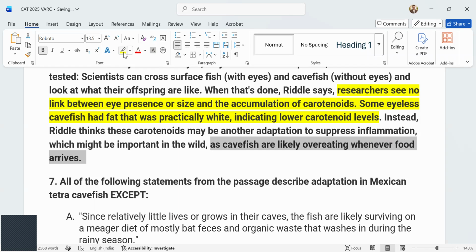So now, since the first claim is denied by the results that they have received from the experiment, there is another claim that this high carotenoid level may be to suppress the inflammation because in certain season, in rainy season, the food is available and they will relentlessly keep on eating. So this is what this passage is about.